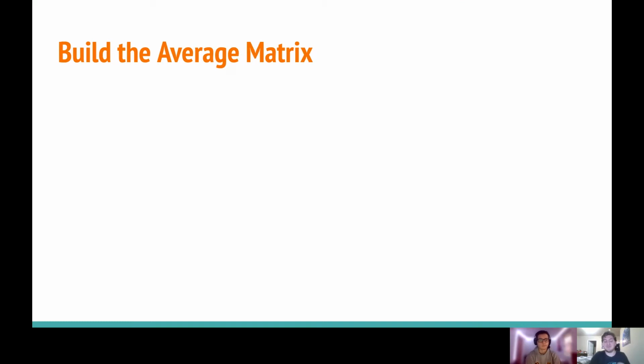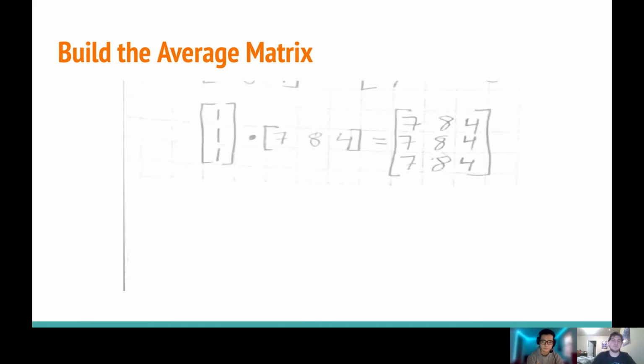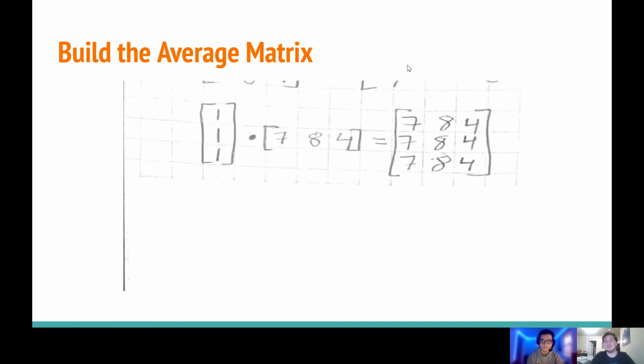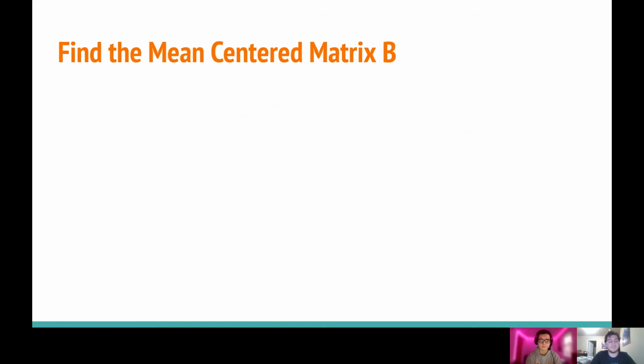Next, we are going to make that average data matrix by multiplying that mean row vector by a 3 by 1 matrix with 1s in it, which gives us the following. As you can see now, there's a column of 7s, a column of 8s, and a column of 4s. All right, great.